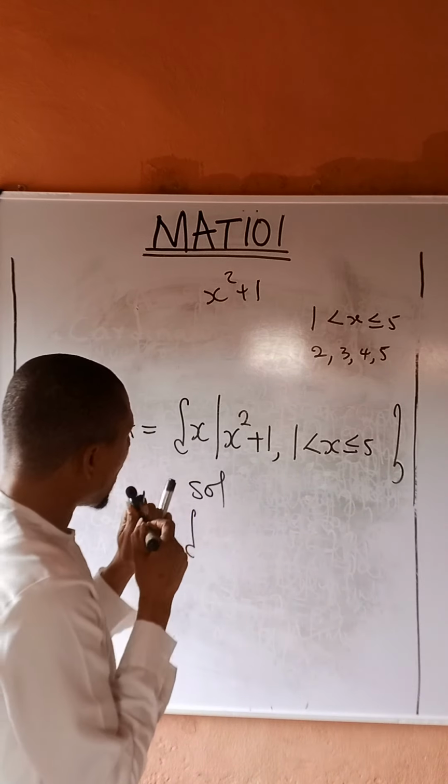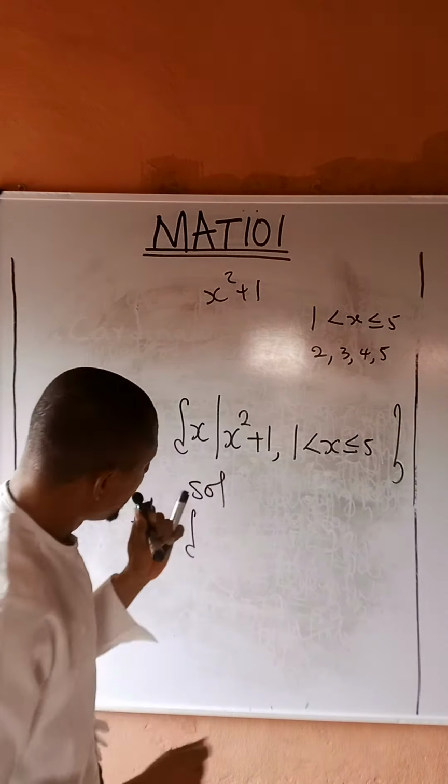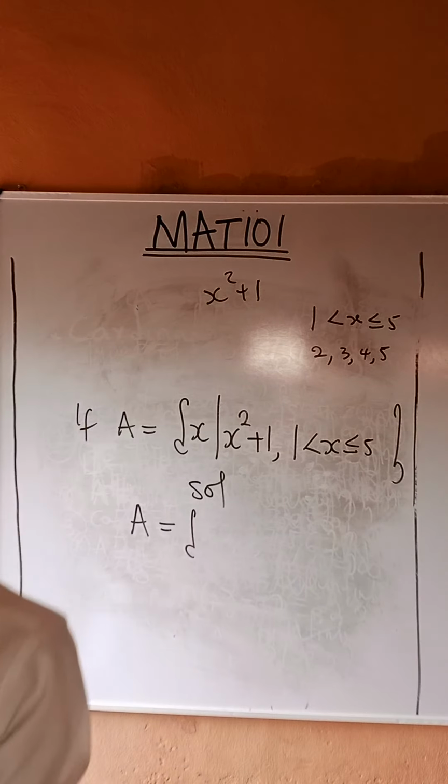And then in this case, it means that any place I see x in this question, I will put my 2, because I already know that this is the first element I am having. So I'm going to begin to substitute those values.